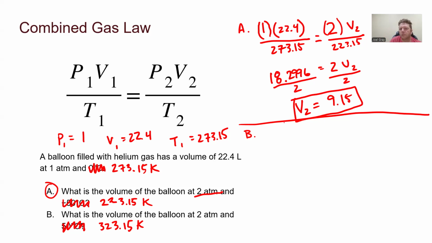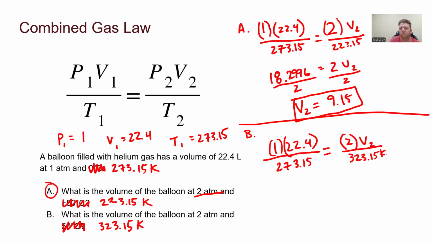Now let's see what happens when we've got P1, which is 1 times 22.4. So our initial volume and our initial pressure divided by 273.15 Kelvin equals our new pressure, which is 2 atmospheres, and our new volume, which is V2, divided by 323.15 Kelvin.